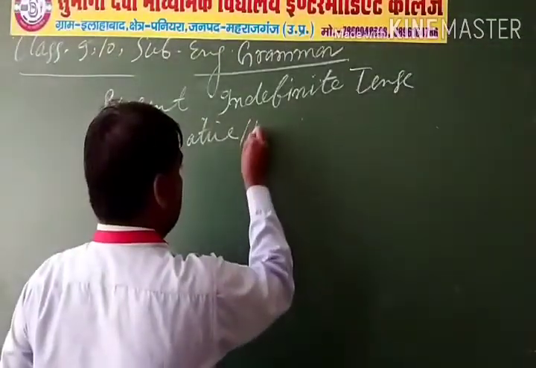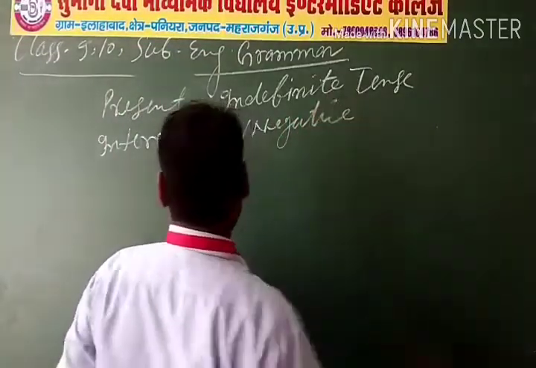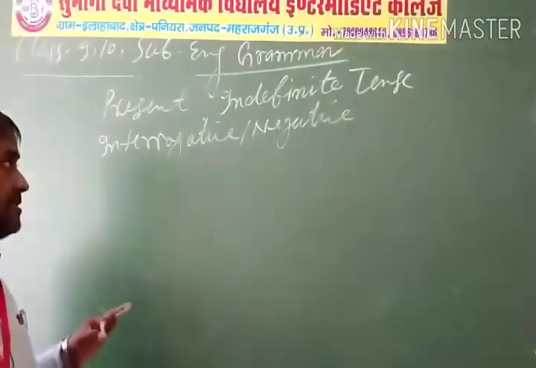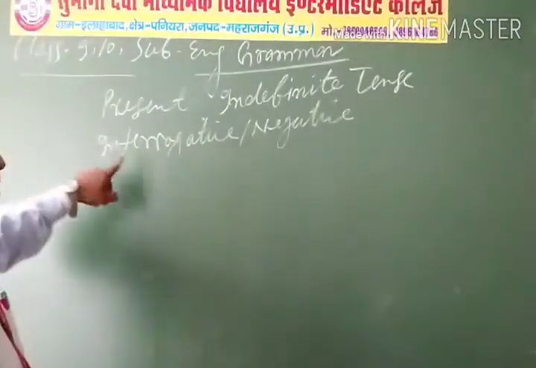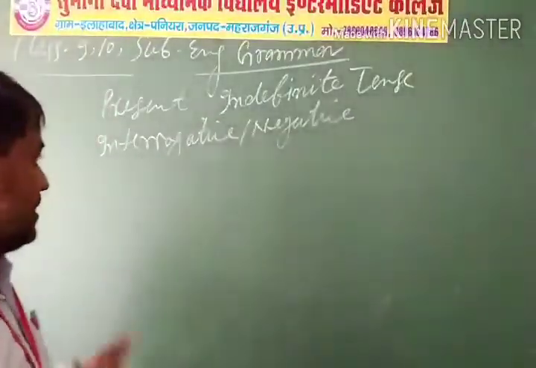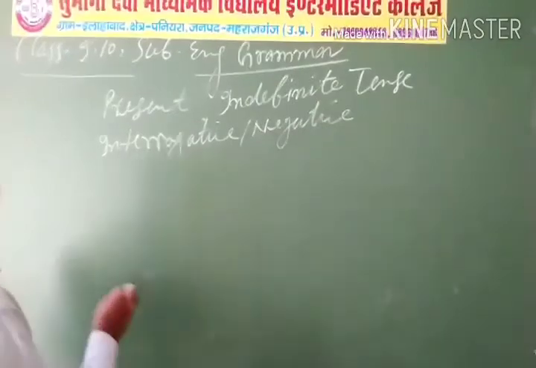Interrogative negative. If in any present indefinite tense sentence, the question word and also a negation word are used, then that sentence is called interrogative negative.